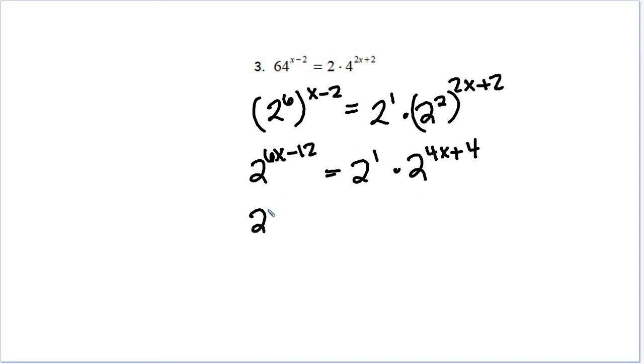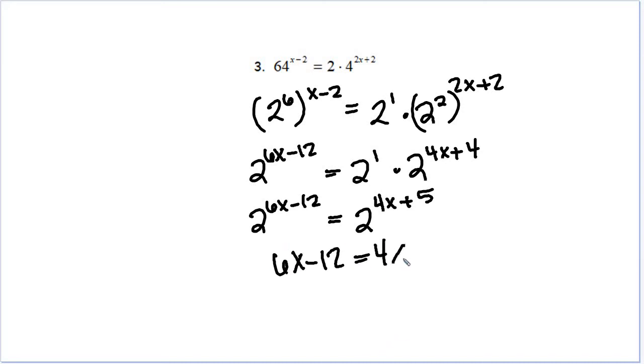In order to do that, I'm going to use the product rule. The product rule says when I multiply two like bases, I add their exponents. So that's going to give me 2 to the 4x plus 1 plus 4, which is 5. So now I have that same common base raised to a single exponent, so I can set up my exponent equation and solve.